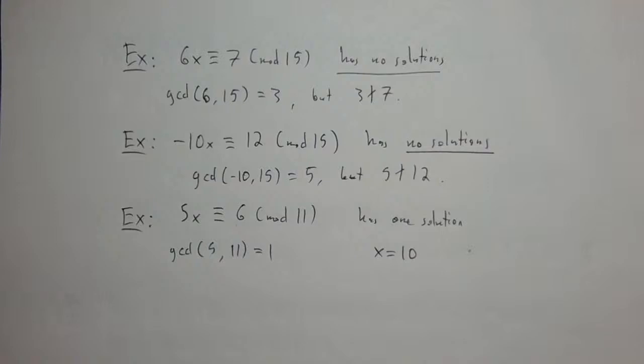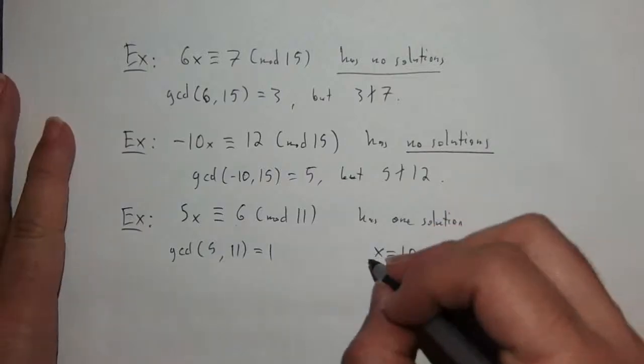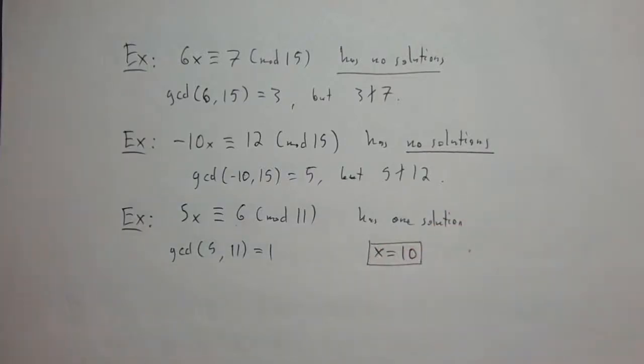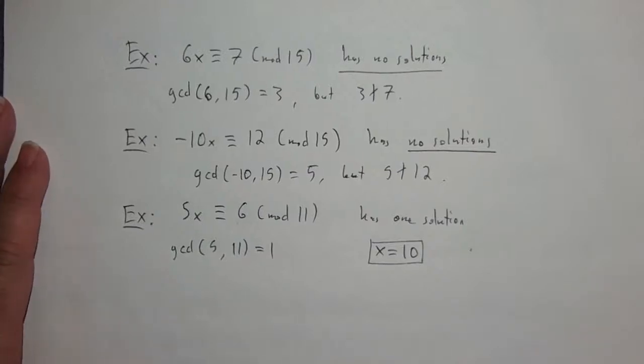How do I actually find that in general? You might say, well, you could just check, right? This is mod 11, so at most you're going to have to try 11 things. If you started at 0 in this case, it would have been the last thing you tried. But it turns out that x equals 10 is our solution. I'm going to go over a process for solving this in a little bit, but this is the solution.